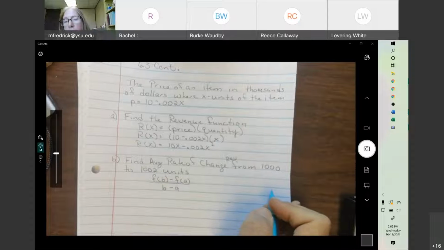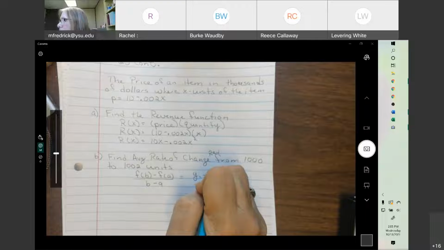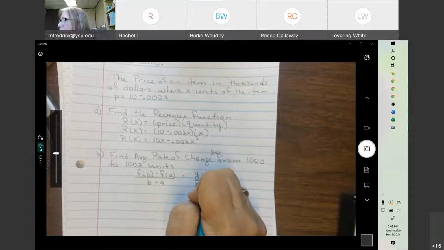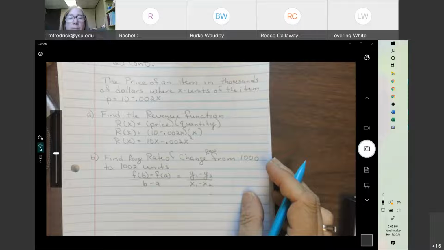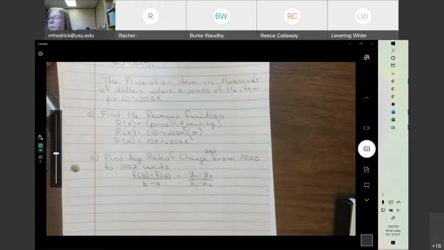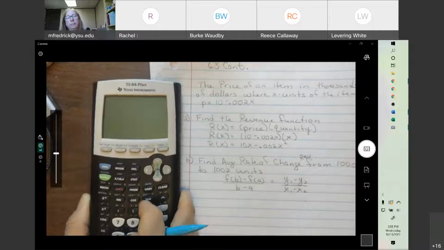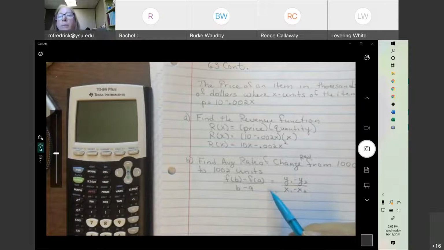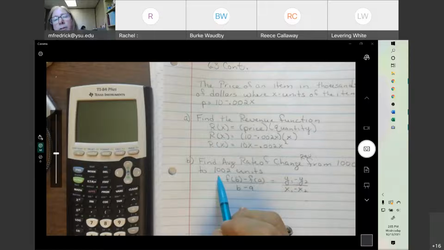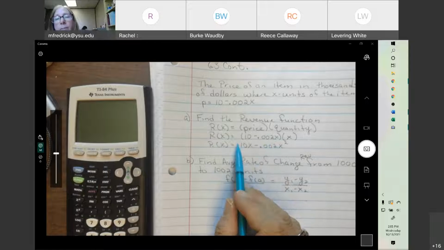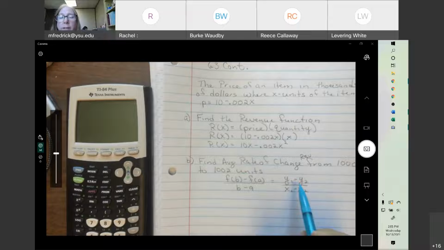So you can use this, or you can use y1 minus y2 over x1 minus x2. Either one. If you want also, we want to find the change from 1,000 to 1,002 using the revenue. So you can put 1,000 in here and then 1,002 in here and find the values.